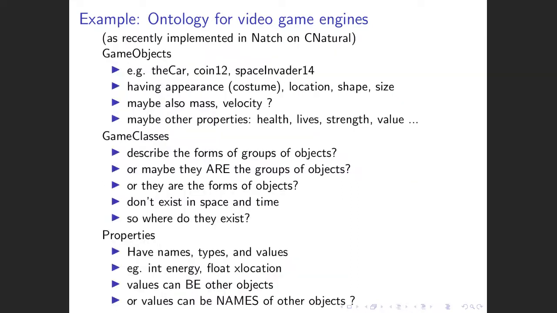So, what is the ontology of 2D sprite-based video games? Anyone who's written a simple game will end up coming up with something like this. There are a bunch of game objects, and these are not the same thing as the objects in your object-oriented programming language. These are objects that are in the world of the game.